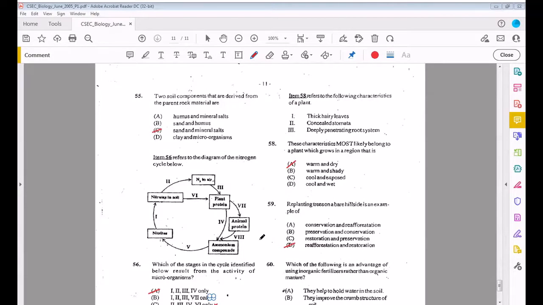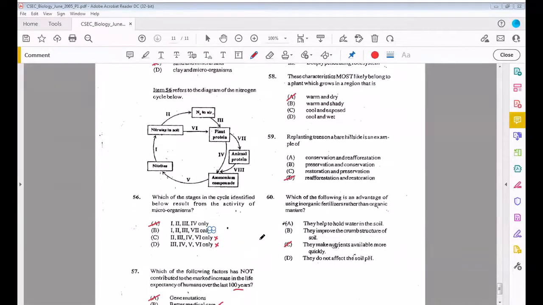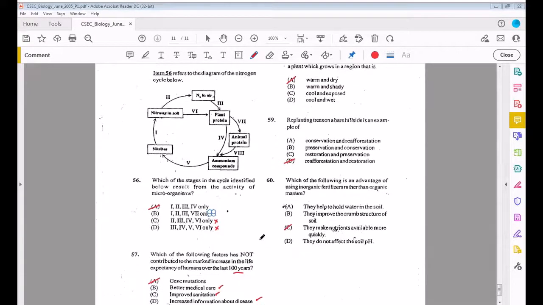Then item 58 refers to the following here. So we've met this list already. 58. The characteristics most likely belong to a plant which grows in a region that is A, warm and dry. 59.